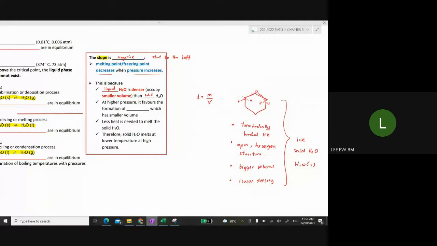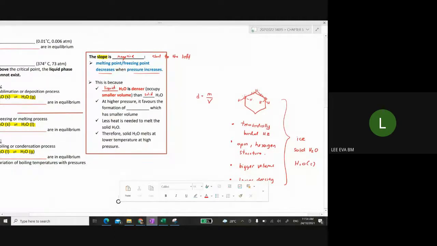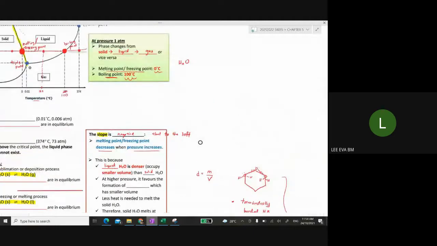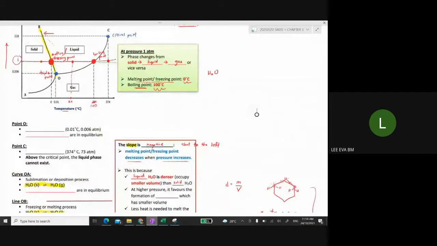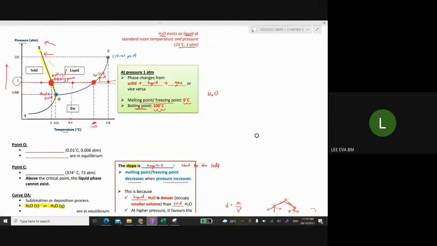And over here, why Madam put a denser liquid? Now we refer to the diagram, easier for you to remember. You can either choose the ice or the liquid to explain. No problem. I use a highlighter to see. When the pressure increases, you prefer a smaller volume, isn't it?